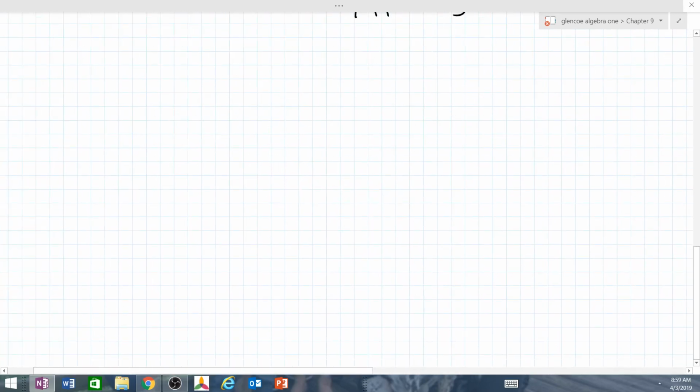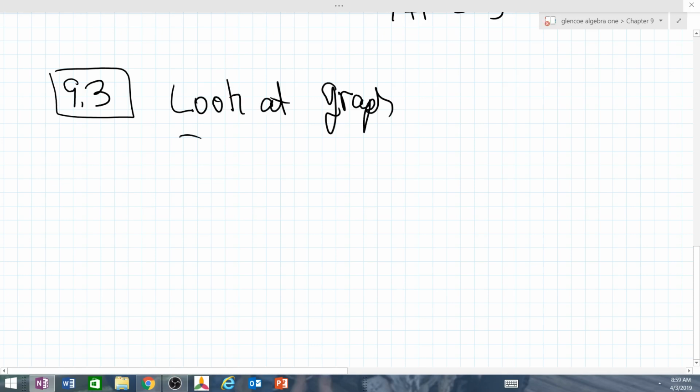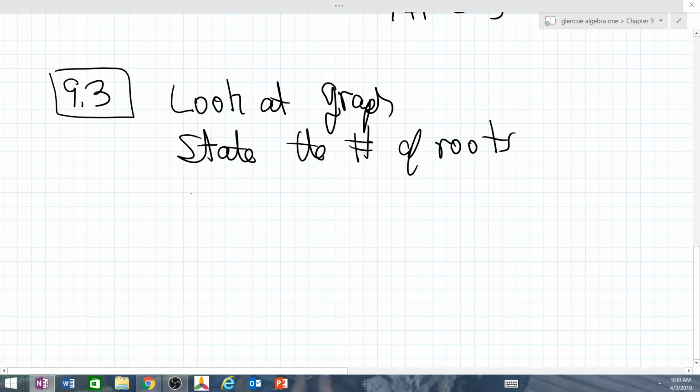Okay, 9.3. What I want us to be able to do in 9.3 is look at a graph, state the number of roots, and name the roots.